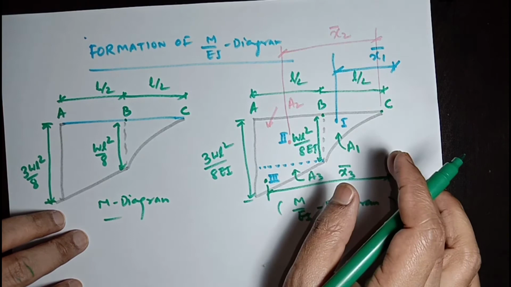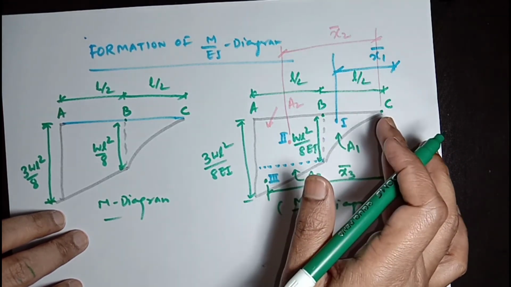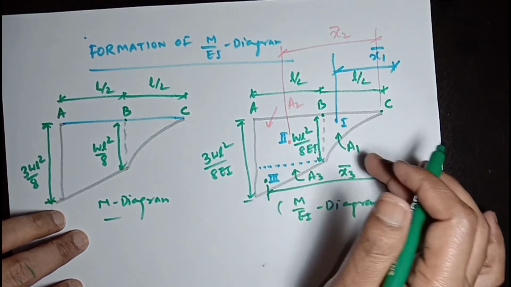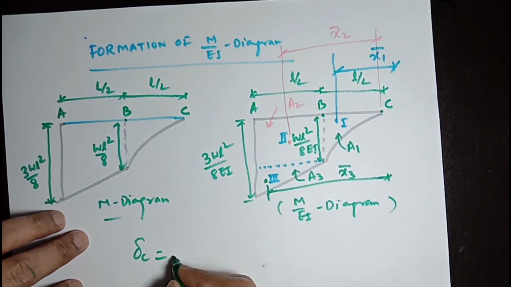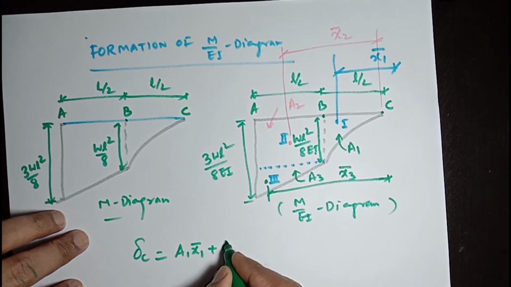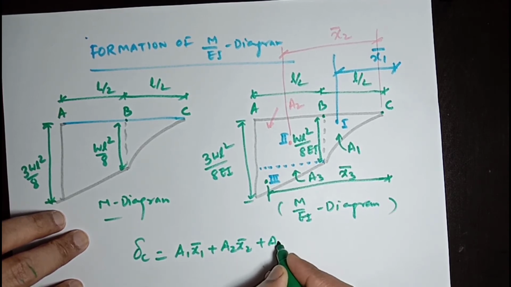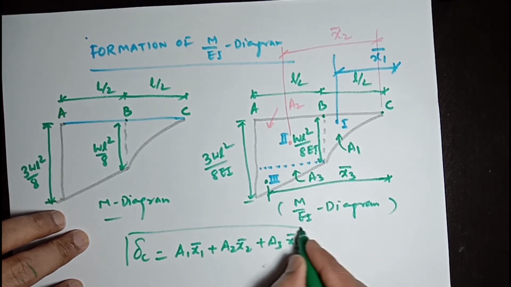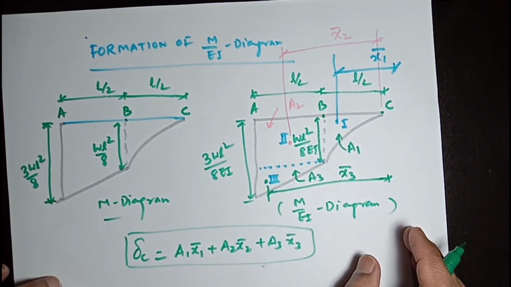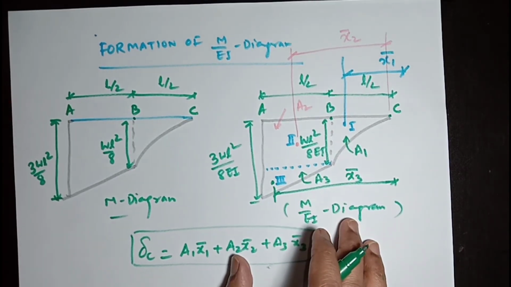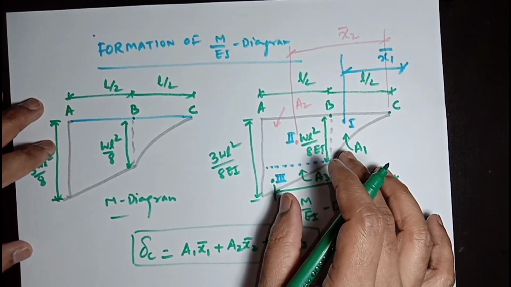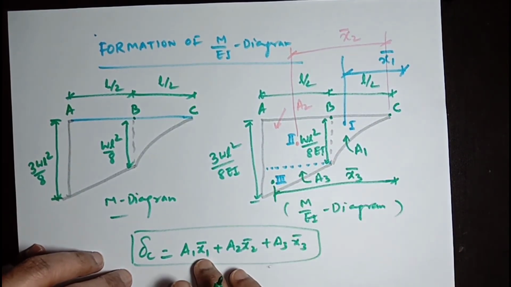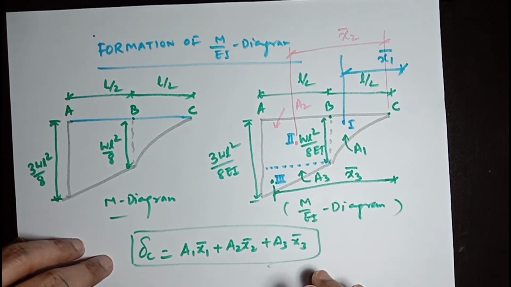As I have explained, area multiplied with the respective centroid and adding all these will give the deflection at point C. So delta C will be equal to A1 x1 bar plus A2 x2 bar plus A3 x3 bar. From this M over EI diagram, we are going to find the area of every region, as we have divided it into 3 regions, and with their respective x bar, I mean centroid, it will give the deflection at point C.